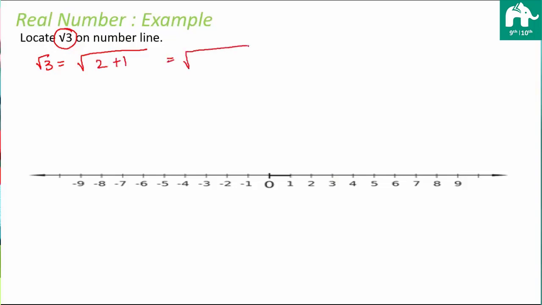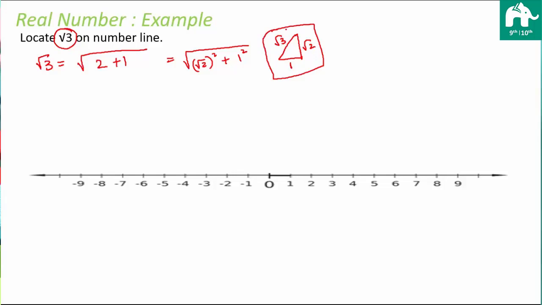This can be written as root over root 2 whole square plus 1 square. So basically now we need to draw a right angle triangle such that the base and perpendicular are 1 and root over 2 respectively, and then the hypotenuse becomes root over 3. So this is our desired construction.